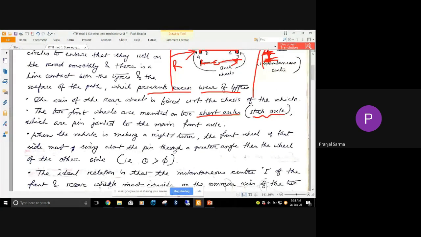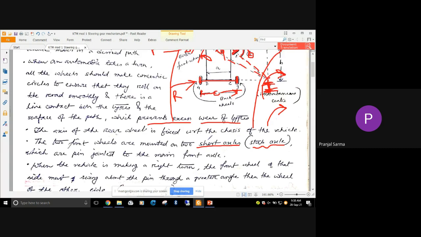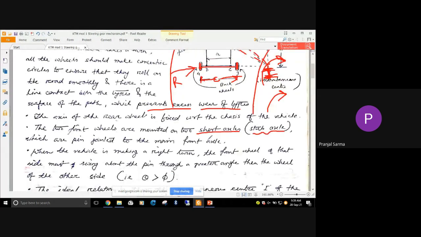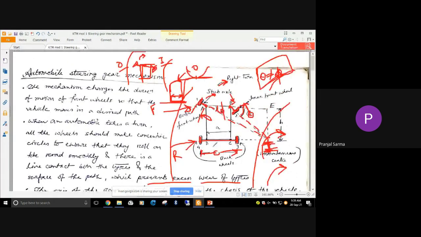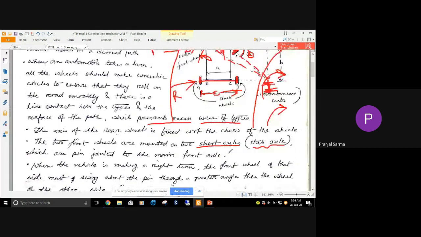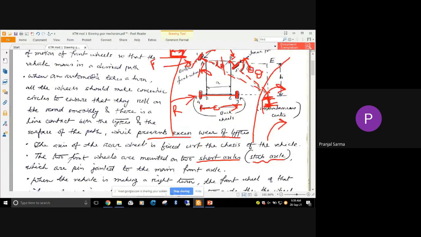When the vehicle is making a right turn, the front wheel of that side must swing about the pin to a greater angle than the wheel on the other side. That means this angle, the inner side, is theta, and the other is phi.